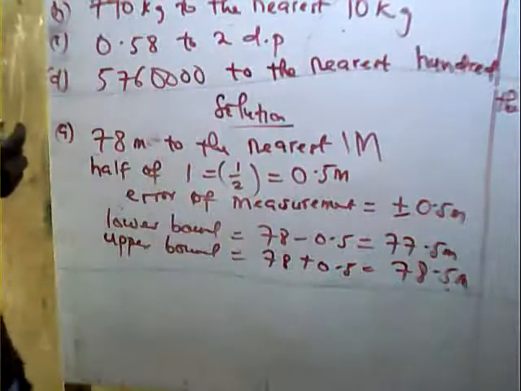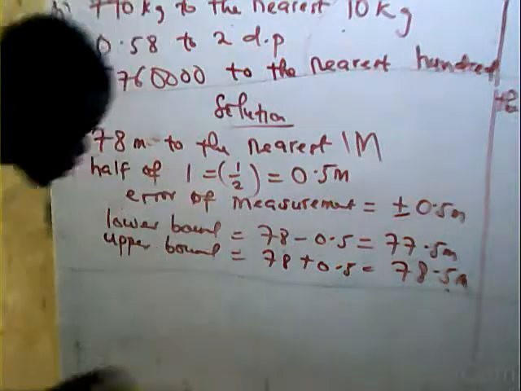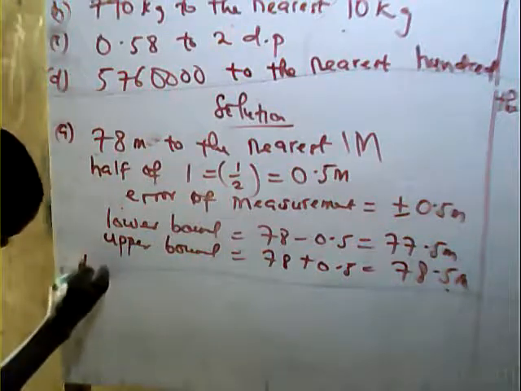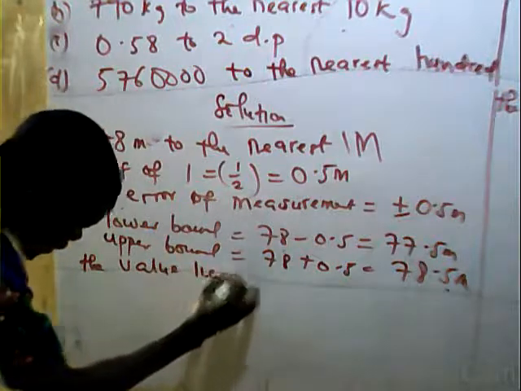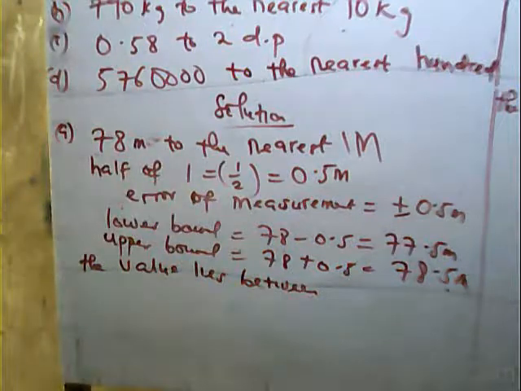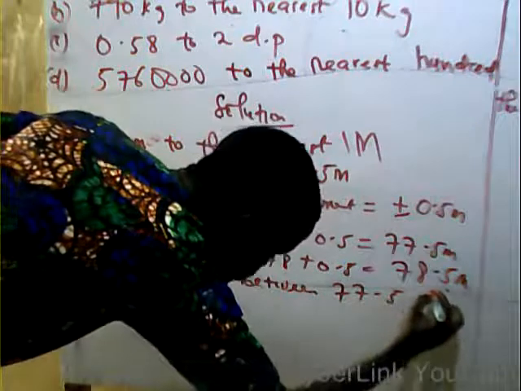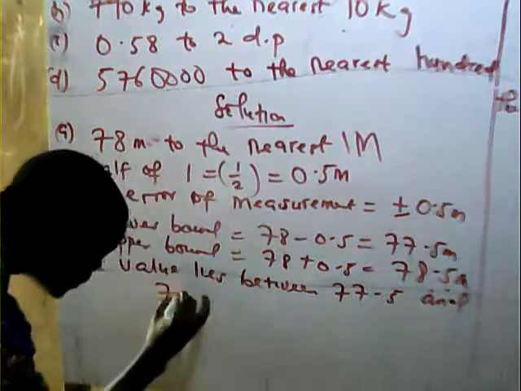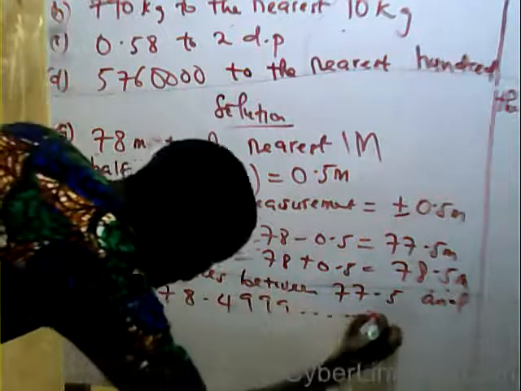So the value should lie between 77.5 and 78.4999 meter.